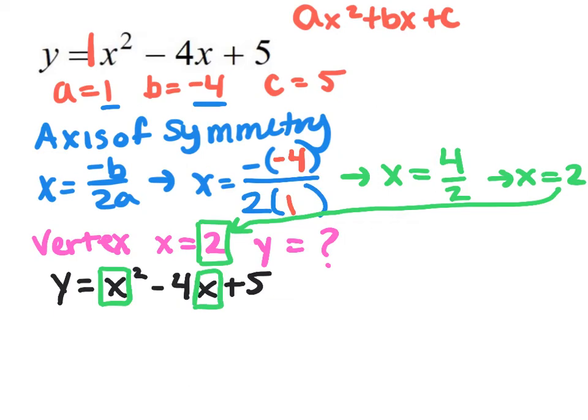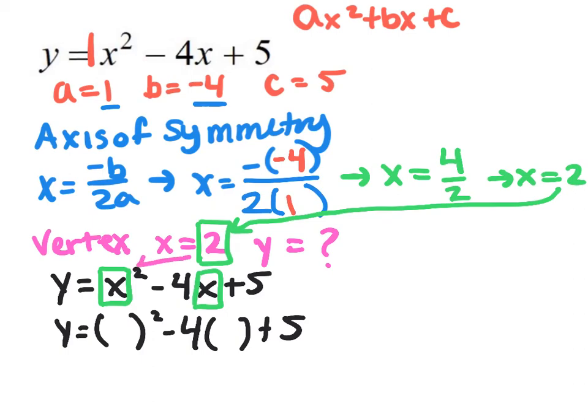So if I were to do that, I would have y equals, and wherever there was an x, I'm putting parentheses, and then you're going to fill in the numbers. So my value of x is 2, so I can fill this into both spots. So I fill in a 2 and a 2.